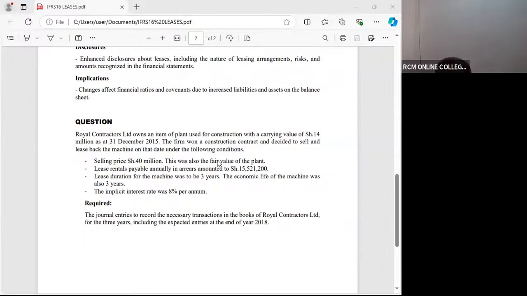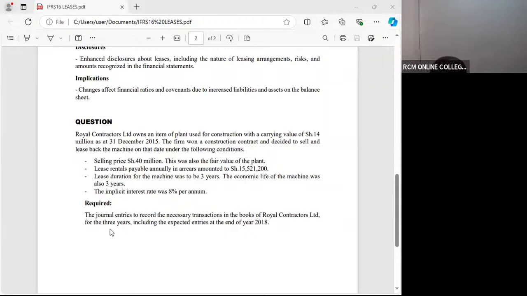This was also the fair value of the plant. Lease rentals payable annually in arrears amounted to 15,521,200 Kenya shillings. The lease duration for the machine was to be 3 years. The economic life of the machine was also 3 years. The implicit interest rate is 8% per annum.